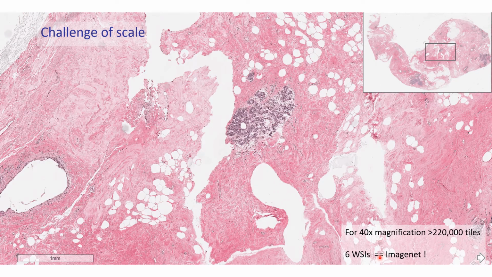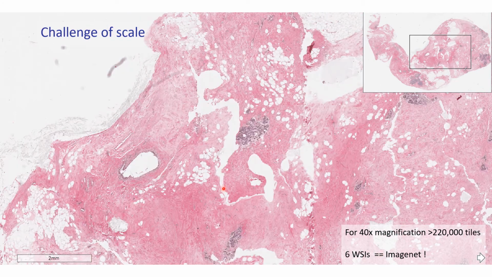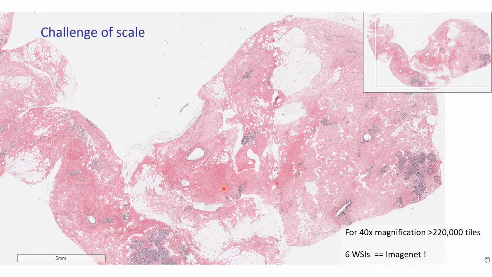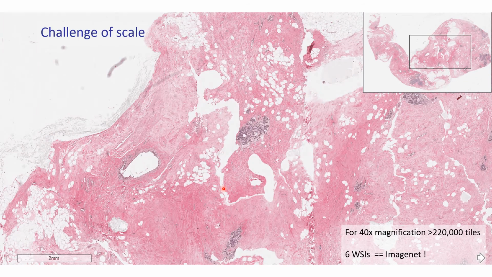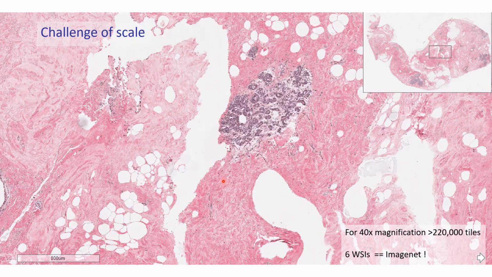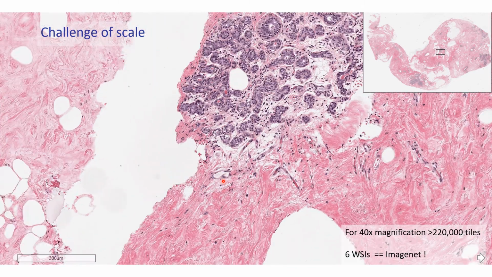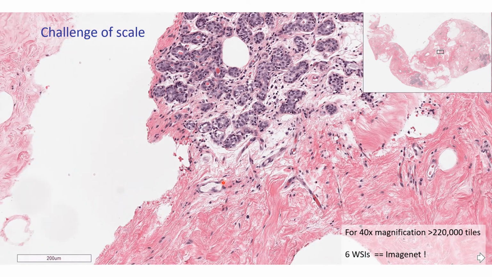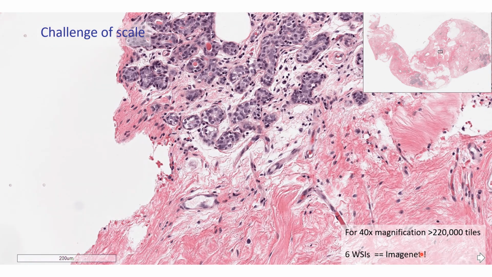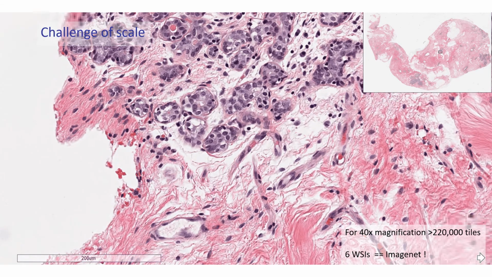So just 6 whole slide images give us the same amount of pixel data as the entire ImageNet database. Obviously 6 images is not sufficient to train anything. We need to represent more variability between patients, between cancer types and so on. So typically we need 100 or even 1,000 or more images. You can imagine what kind of issues we have when dealing with data sets that are 1,000 times as large as ImageNet.